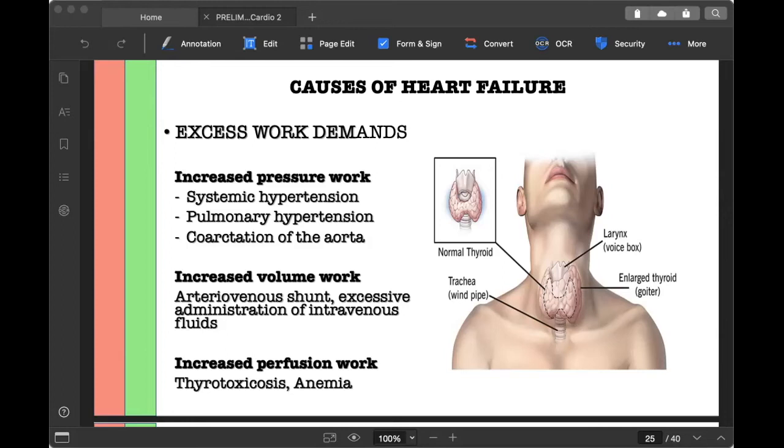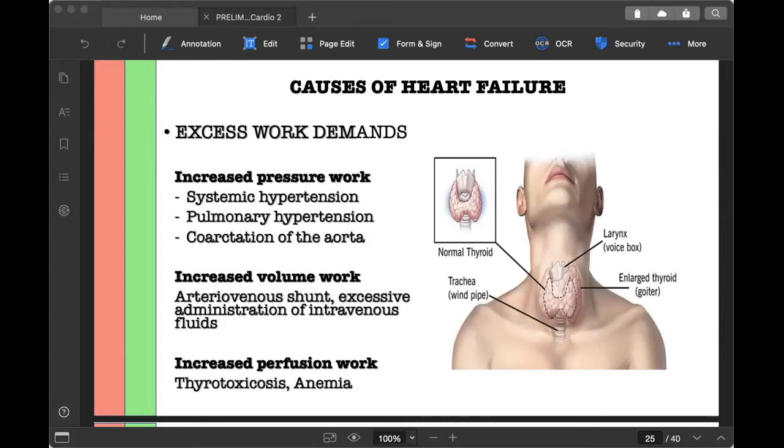It's because the baby will not be able to survive, or it may survive but will face a lot of problems afterwards. It's because the blood flow from the heart is not sufficient. Okay. How about your arteriovenous shunt? This is an operation.